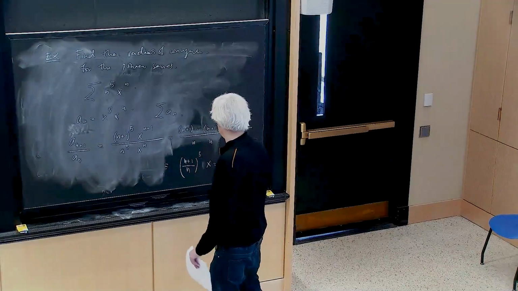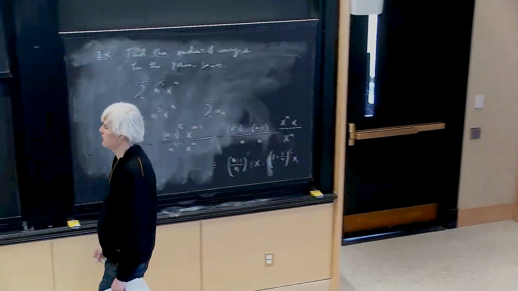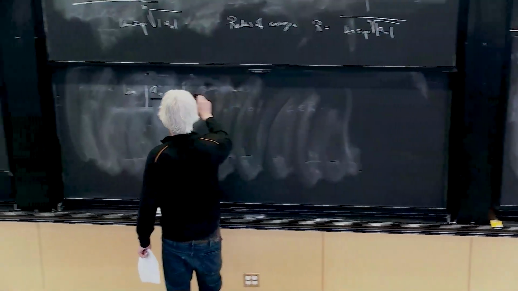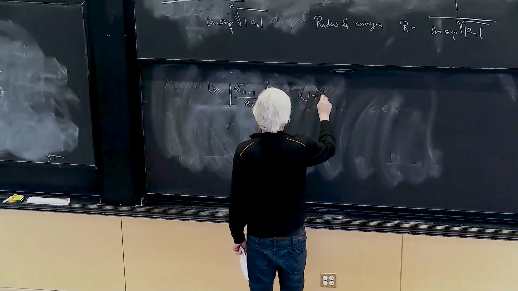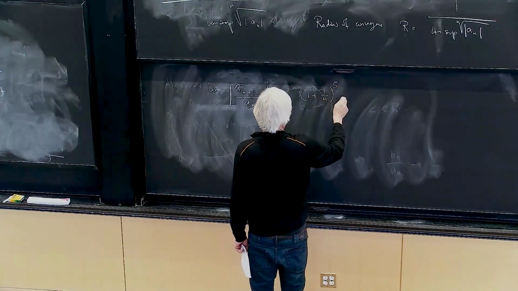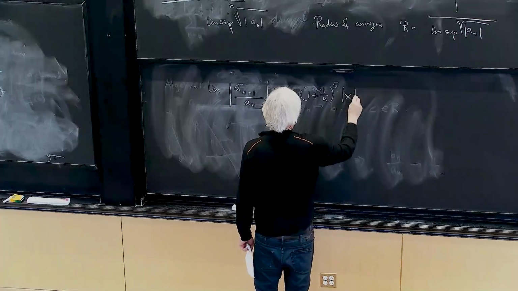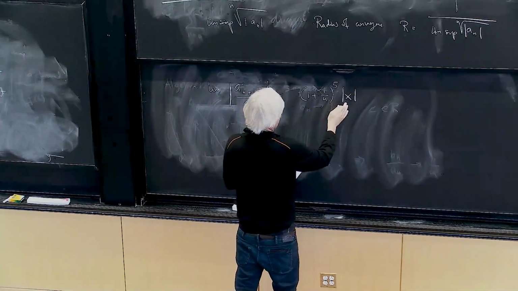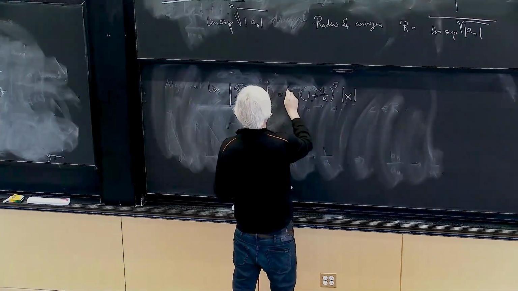In this case, this ratio is 1 plus 1 over n to the 5th power times x. This is all non-negative, so the absolute value can just go in over here.